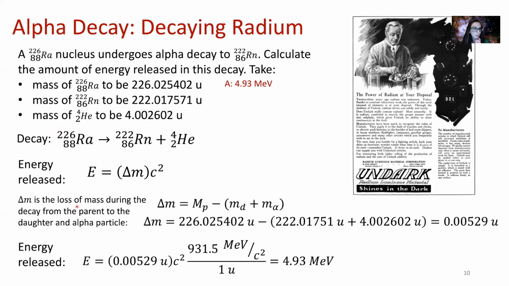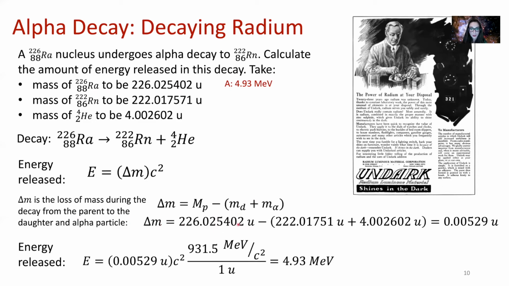So delta M, the loss of mass during the decay from the parent to the daughter and the alpha particle, will equal the mass of our parent minus the mass of the daughter plus the mass of the alpha particle. And so then we'll just take our quantities from up here for the mass of radium, radon, and our alpha particle, all of which I gathered from the appendix in our textbook, Appendix A.